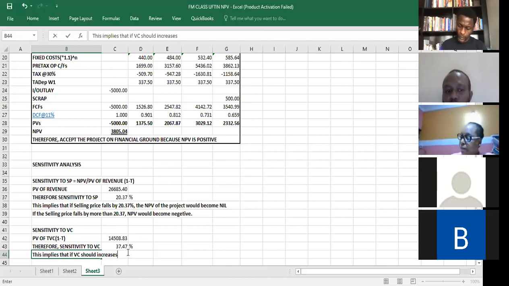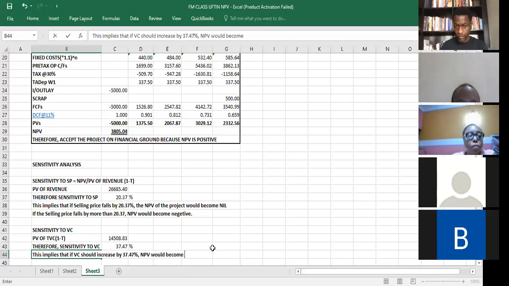So we are saying that this implies that if variable costs should increase by 37.47%, NPV would become 0.